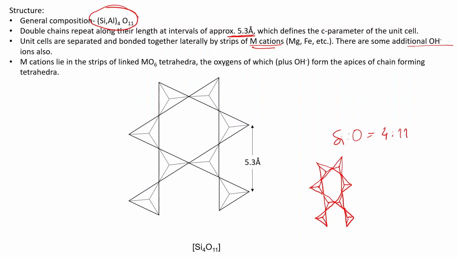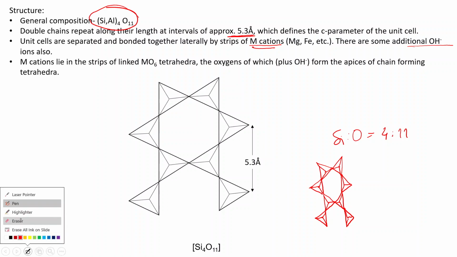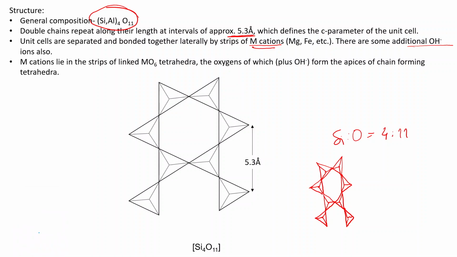So if you look at these chains over here, you can find that the ring which is forming over here allows the space for a hydroxyl ion to sit in. That is why the amphiboles can allow the inclusion of OH minus ions inside them. But if it was a single chain structure, this space was not there. That is why the OH could not fix in the lattice structure of the pyroxenes.